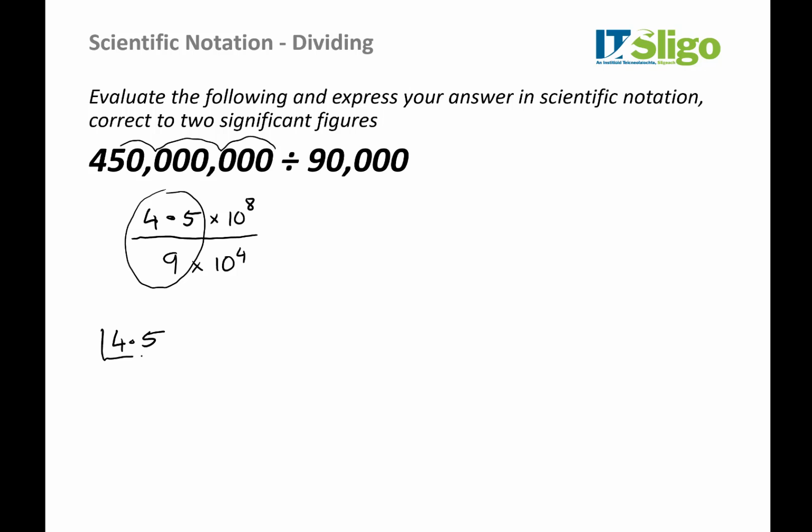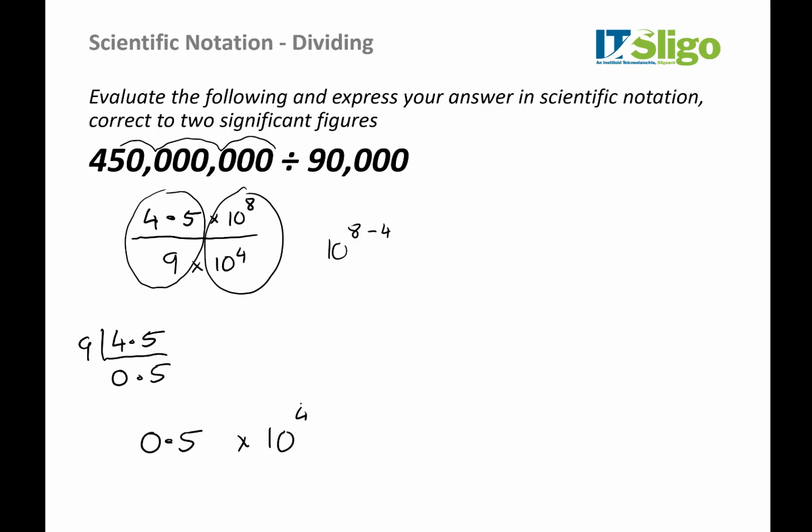Again, if you're unsure, set it up. So numbers do what numbers do, we get 0.5. Powers do what powers do, 10 to the power of 8, top power minus the lower power. That gives us 10 to the power of 4.